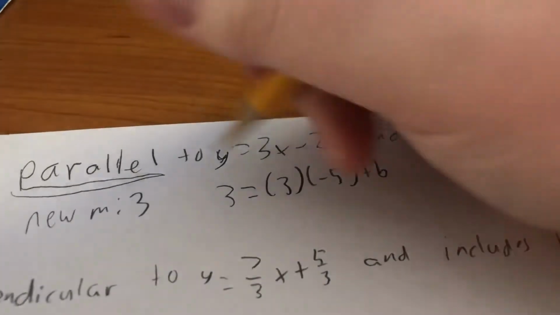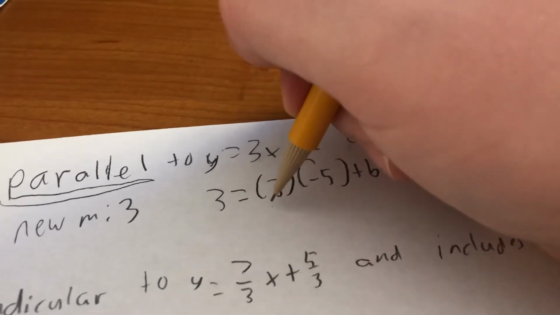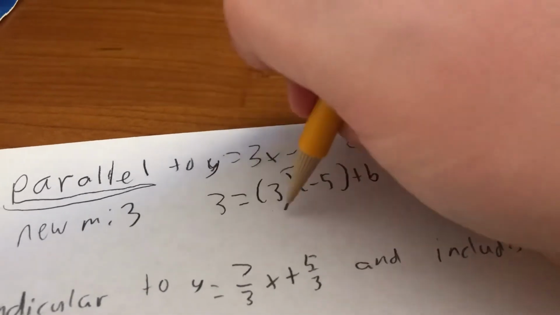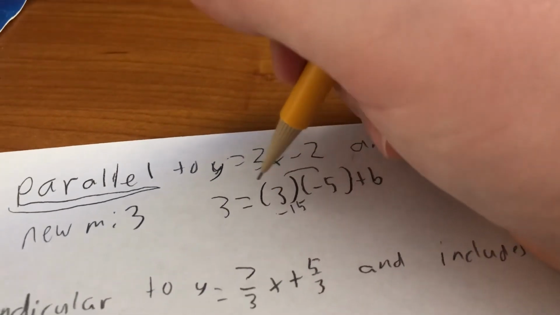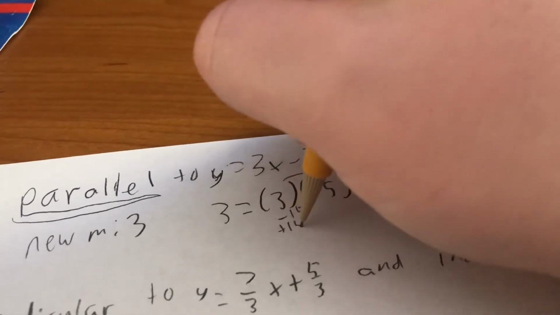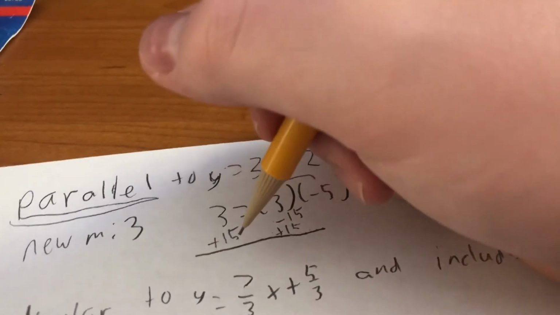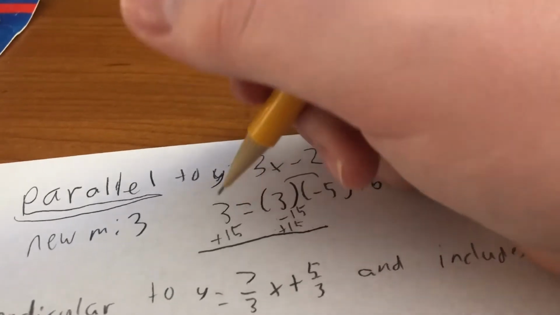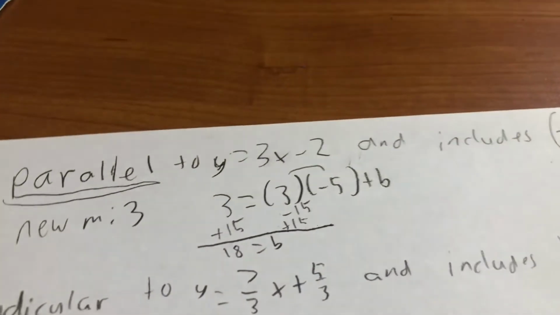Now what we're going to do is, of course, combine those, and that makes -15. Now we're going to add 15 on each side. And this gives us a good 18 equals b.